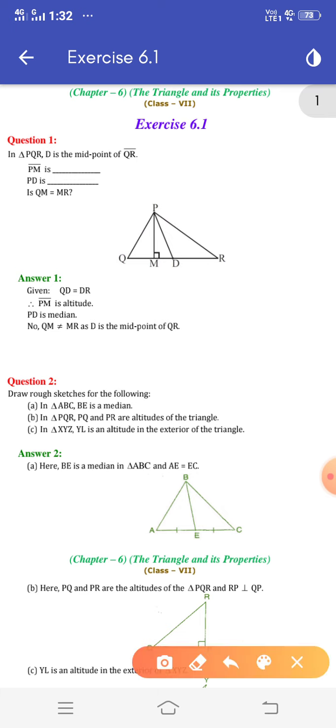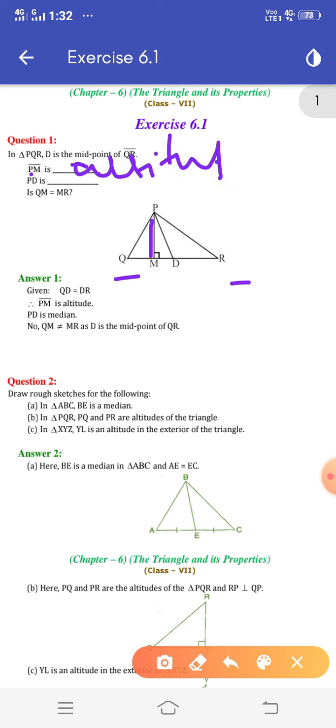First fill-up, PM. You can see here this is a triangle. D is its midpoint, and M is on QR, and PM is perpendicular to QR. So for the first, you can say this PM is a perpendicular or an altitude. Okay, altitude.